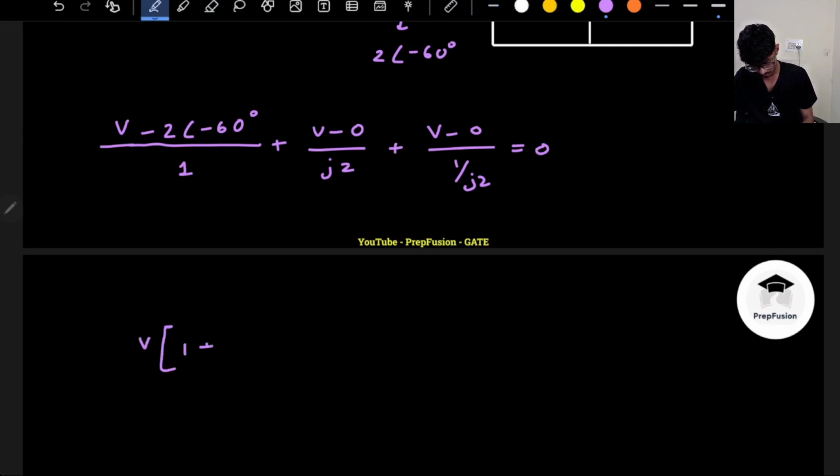So this will be V into 1 plus 1 by J2 plus J2, and on the right hand side it will be 2 angle 60.